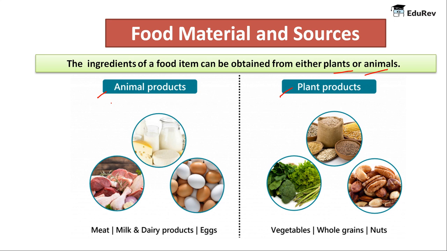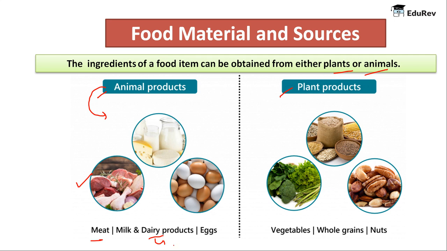Here are some examples of ingredients which we get from animals and which we get from plants. You can see here the examples of animal products. Can you name them? Meat. This is an image of meat. Milk and dairy products. Dairy product means all the products which can be obtained from milk. Be it cheese, be it paneer.